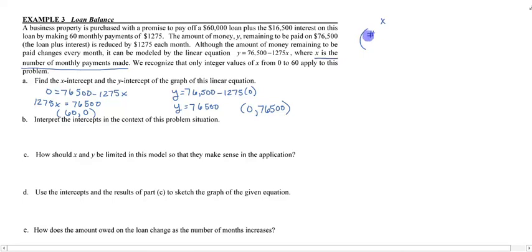So x is the number of monthly payments made. And what is the y? The amount of money remaining to be paid is being modeled by this. So that's what the y is. The amount of money remaining to be paid.